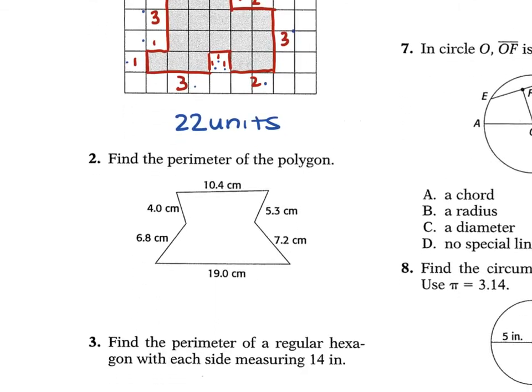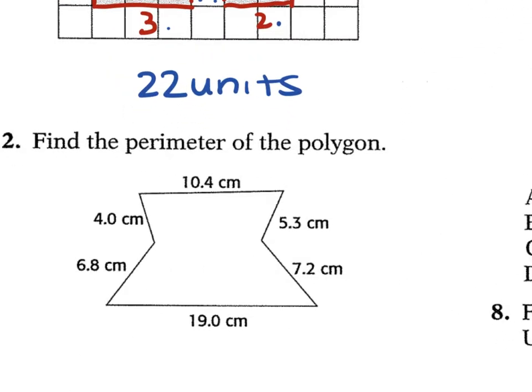For 2, it says find the perimeter of the polygon. So we are going to do 10.4 plus 5.3 plus 7.2 plus 19.0 plus 6.8 plus 4.0. So 4 plus 3 is 7, plus 2 is 9, plus 8 is 17.